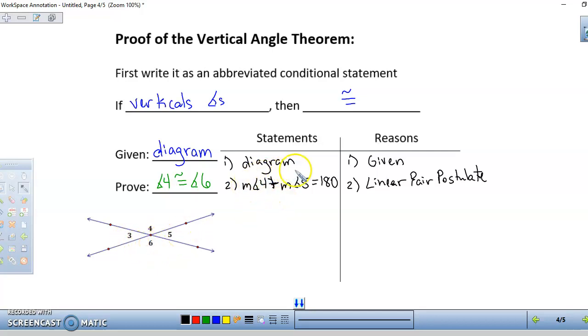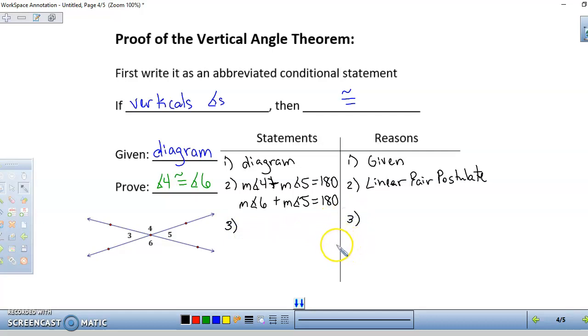So I want to have something that is related to this equation, but also related to what I'm proving. So I'm going to use angles 5 and 6. So I'm going to say the measure of angle 6 plus the measure of angle 5 is also equal to 180. Okay, both of those are true by the linear pair postulate. And an important piece is that they are somewhat related to each other as you try to build this proof.